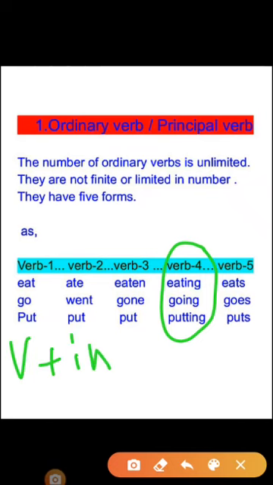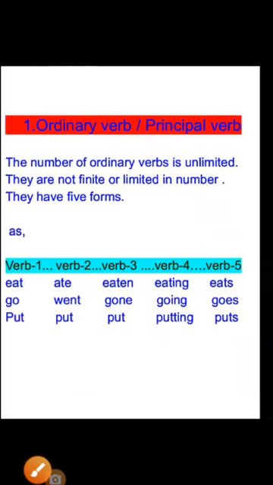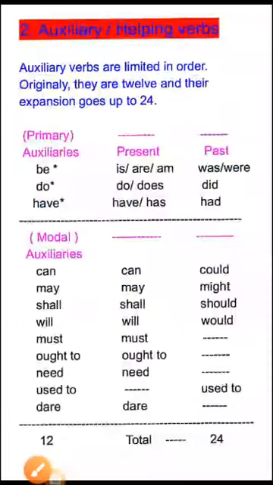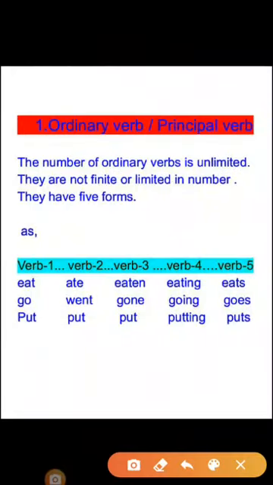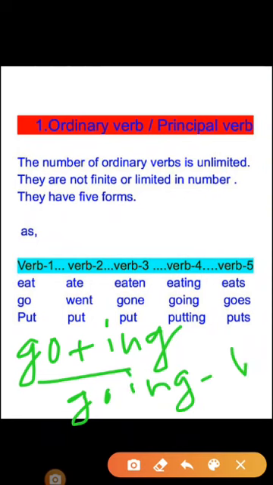If you add ing with the main verb, it will become verb 4, as go. Go is the main verb, and if you add ing with this verb, it will become going, and this verb we call verb 4, the ing verb.